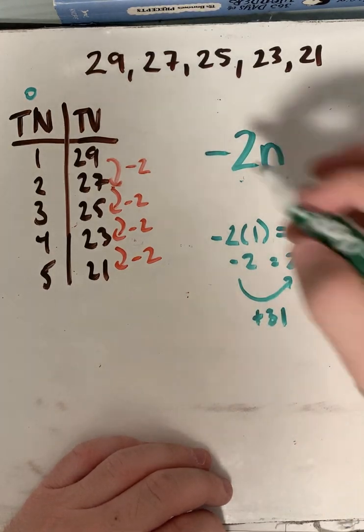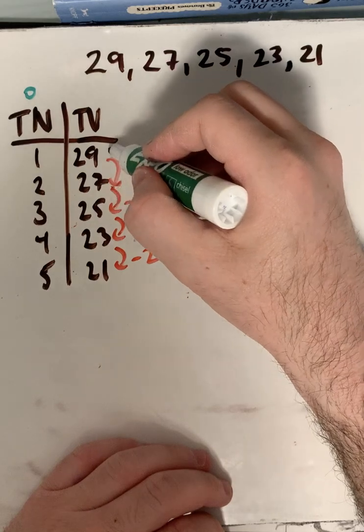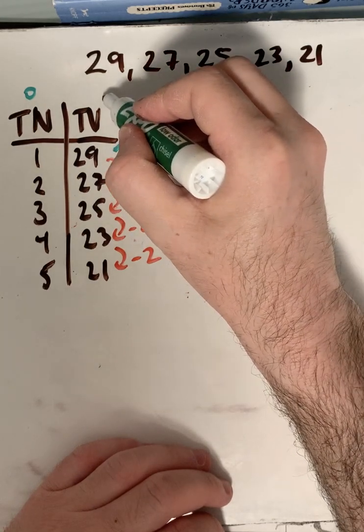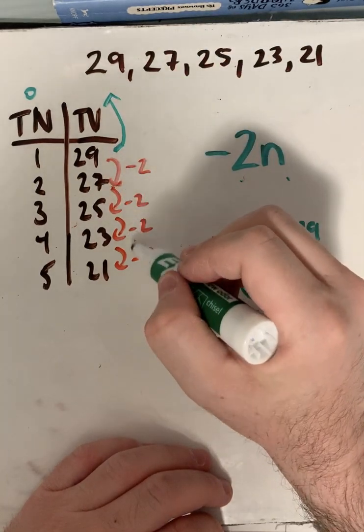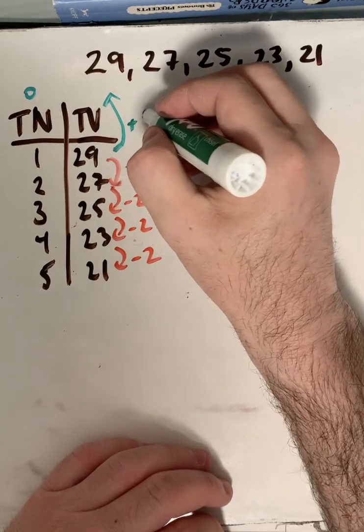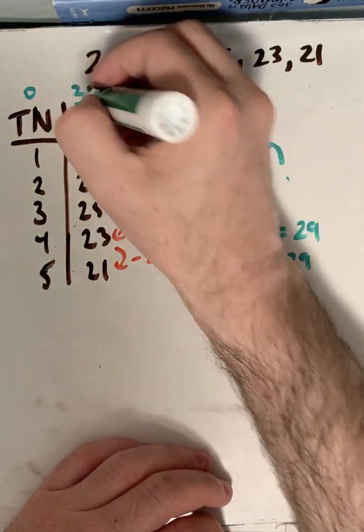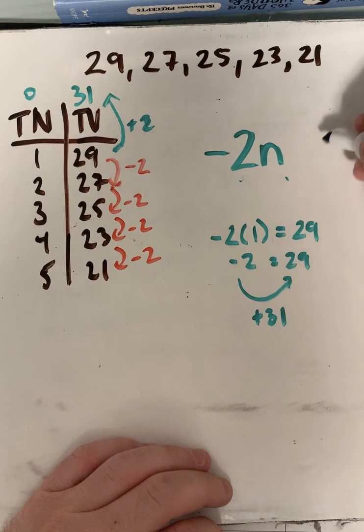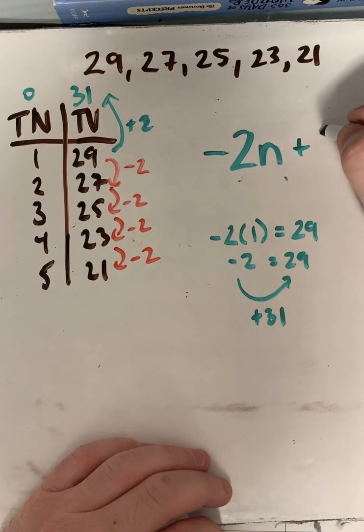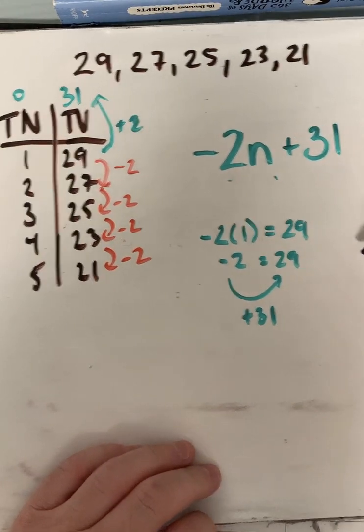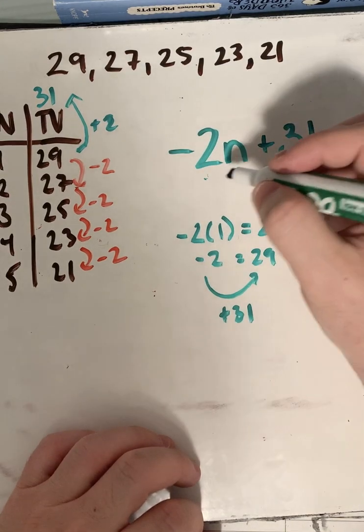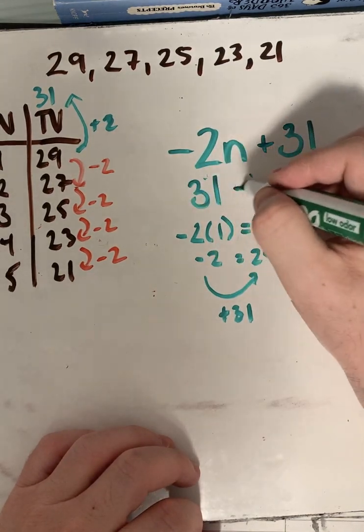If I had done the term 0, I could have said, okay, if I'm going -2, then I'm going to go +2, and I'll get 31. So I could write my term out as -2n plus 31, or I could write 31 minus 2n.